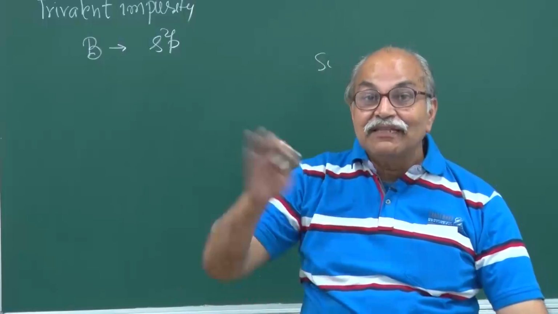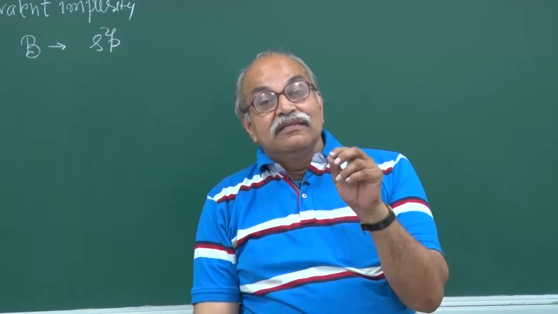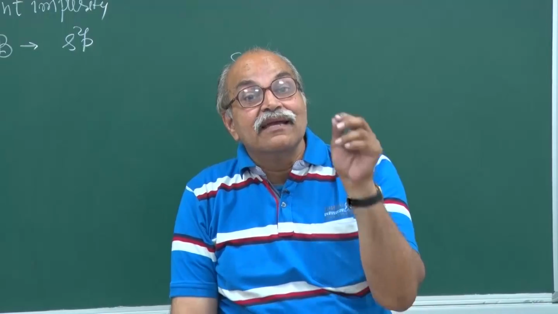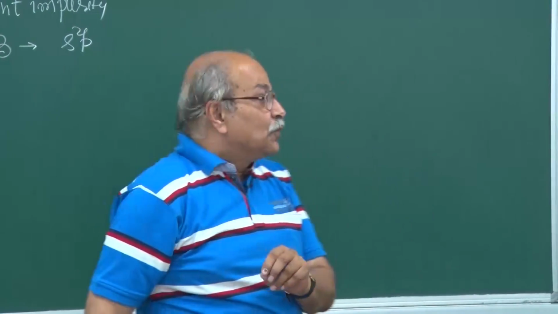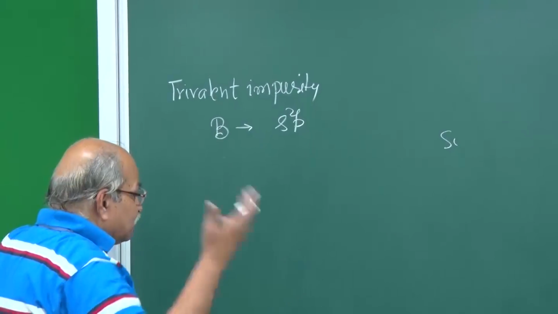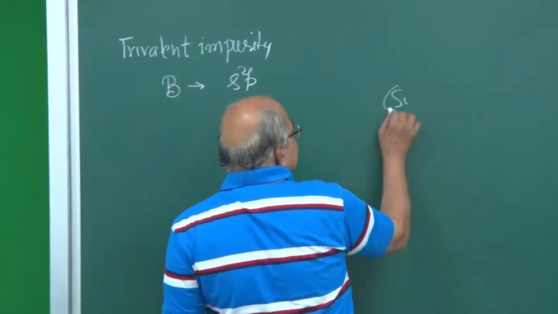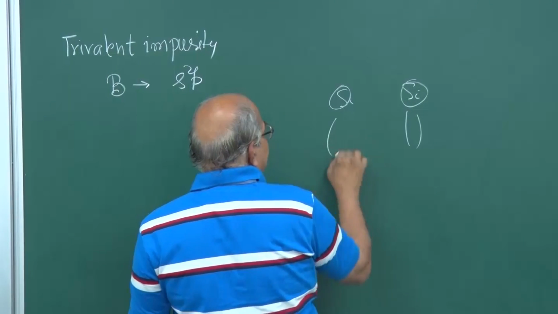So you have to retain that structure and ensure that the impurity is just going and sitting at the site of one silicon ion. So one has to do very nice metallurgical processes, and then you have, let us say, silicon and so on, that same diagram.